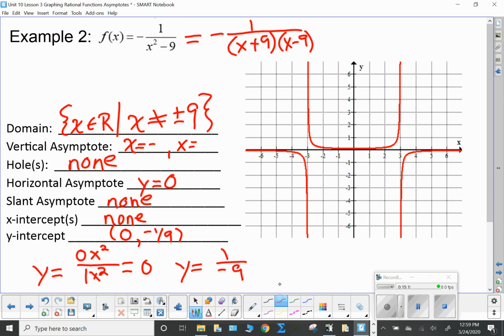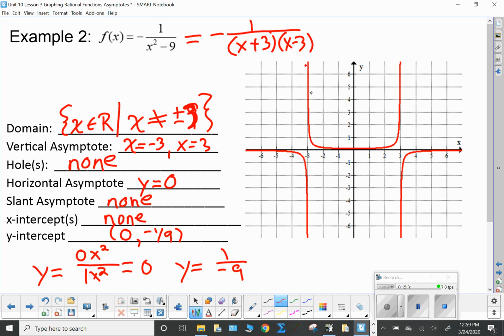See, if we were in class, you all would have helped me out. This is a difference of squares, and when I factored it, I should have 3 and 3, plus and minus 3. Sorry about that.